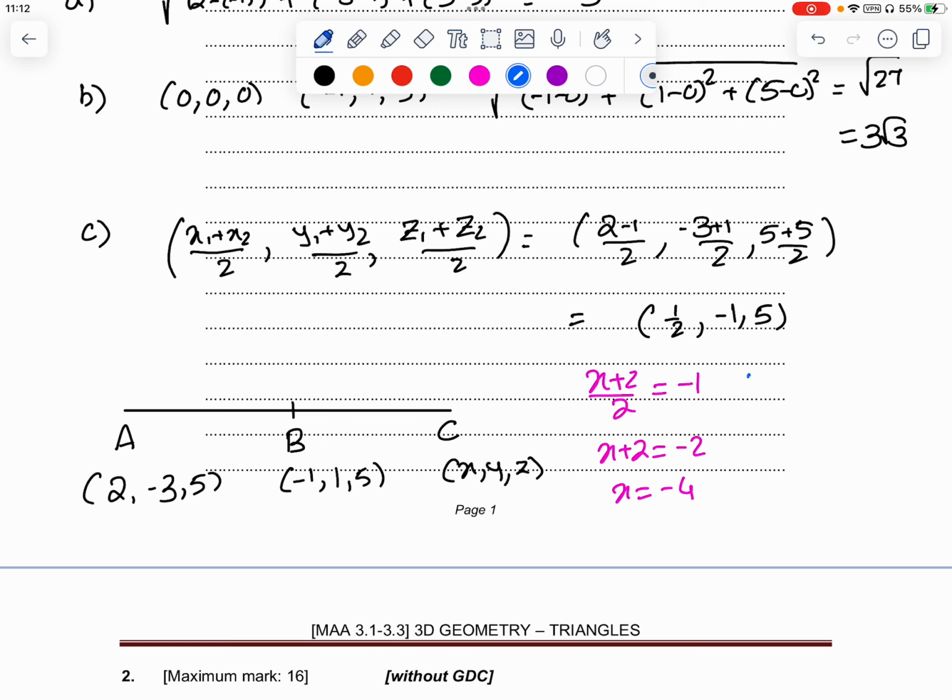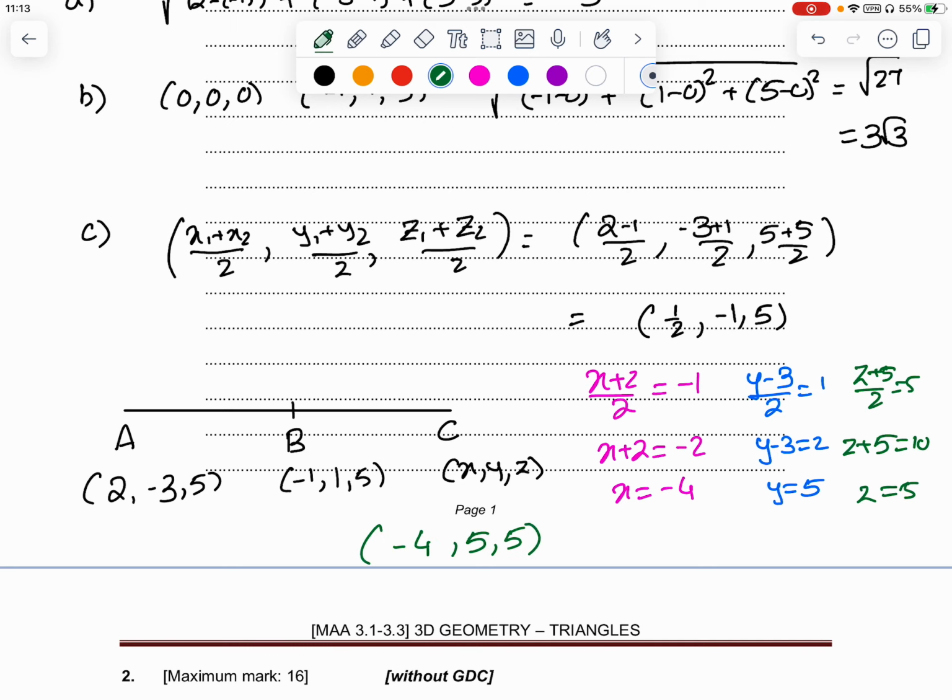Then (y minus 3) upon 2 equals 1. Y minus 3 equals 2. So y equals 5. Then (z plus 5) upon 2 equals 5. So z plus 5 equals 10. So z equals 5. So what is the point? Negative 4, comma 5, comma 5.